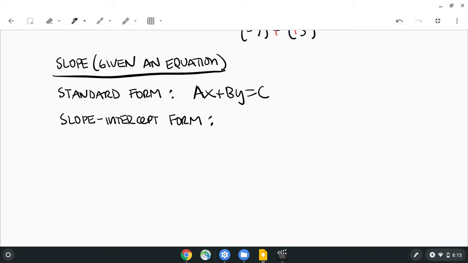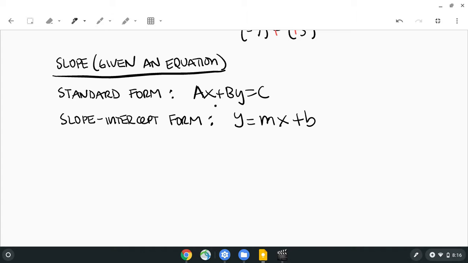So slope-intercept form looks like this. A y equals, so if it says y equals, you're good. If it says 2y equals, you still have to finish it. Okay, so that it says y equals, positive 1y equals. And here, okay, so this is basically the same equation up here with these guys moved over.